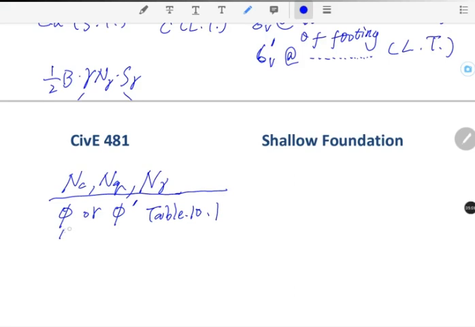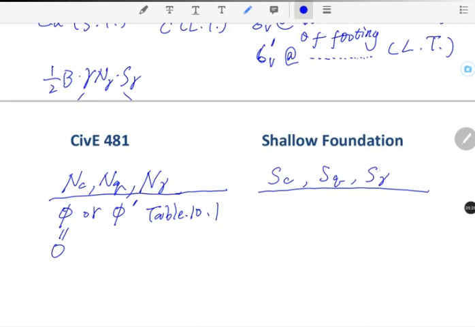For total stress approach and the cohesive soil here in this question, phi is equal to 0. And we have a second series of factors, SC, SQ, and S gamma. These three factors are called the modification factors.